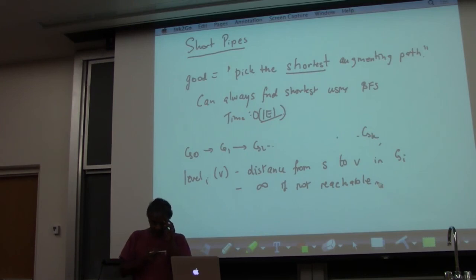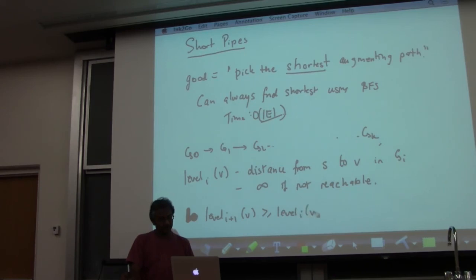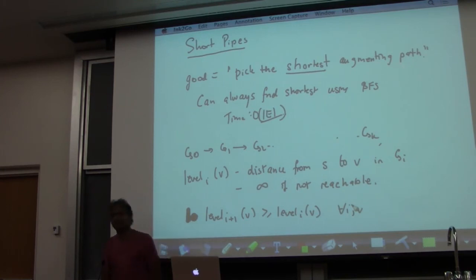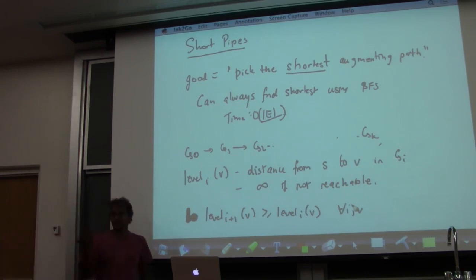The first observation is that the levels never decrease. The level might stay the same in a particular stage, but it will never decrease. So once you hit infinity, you stay there.